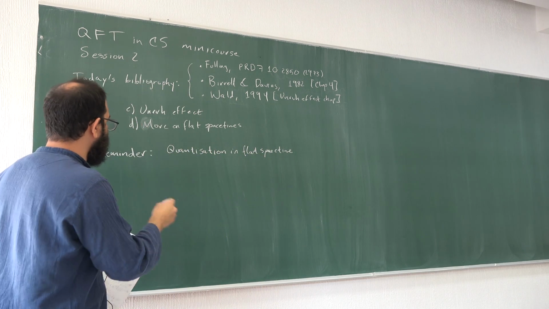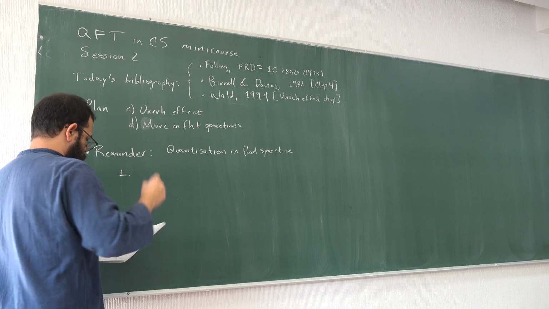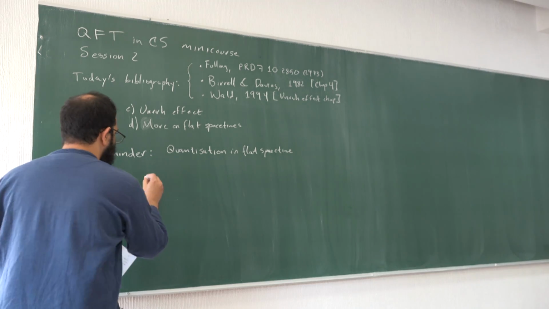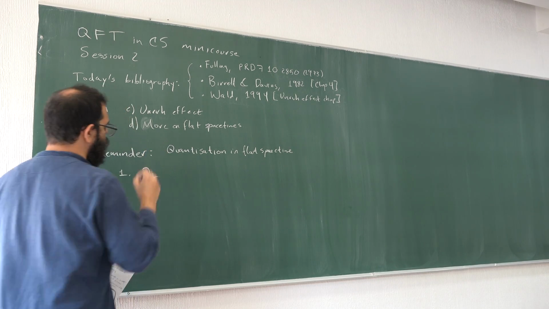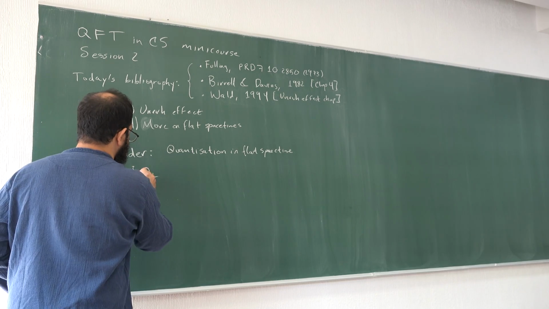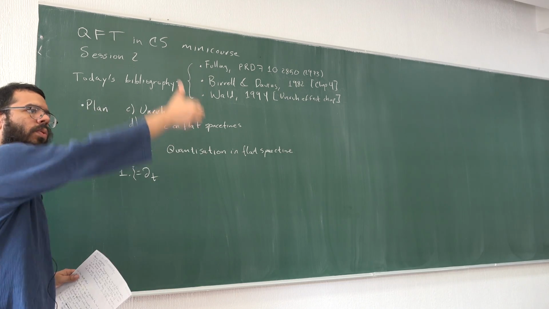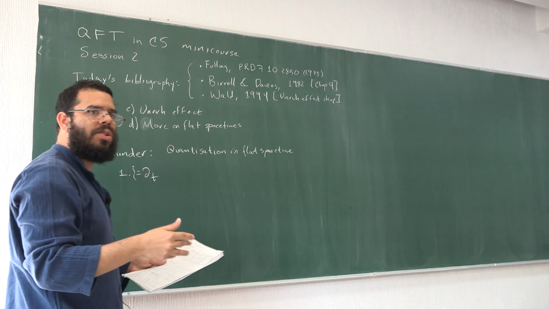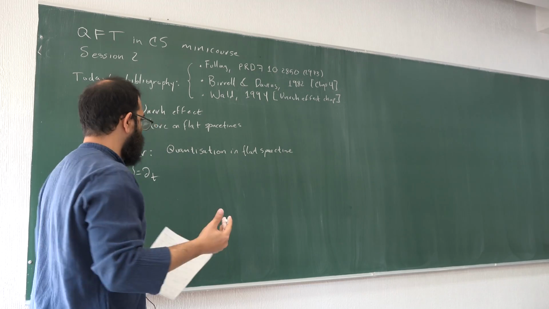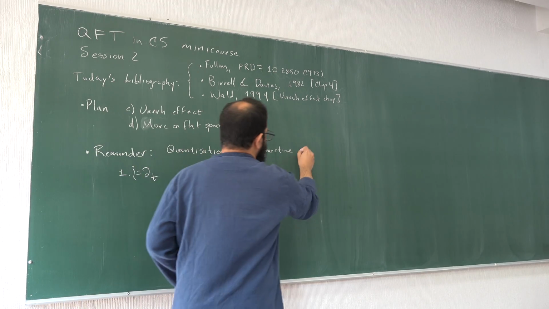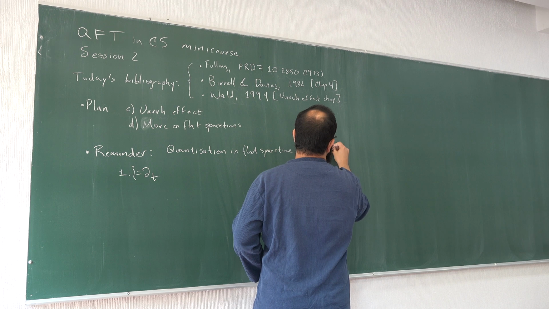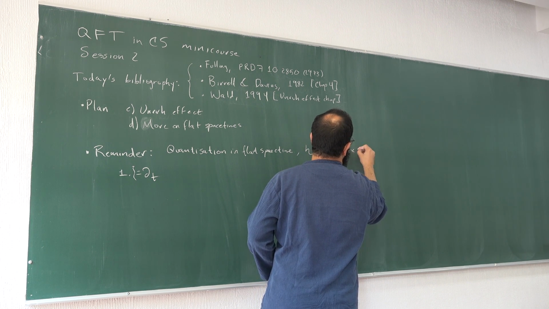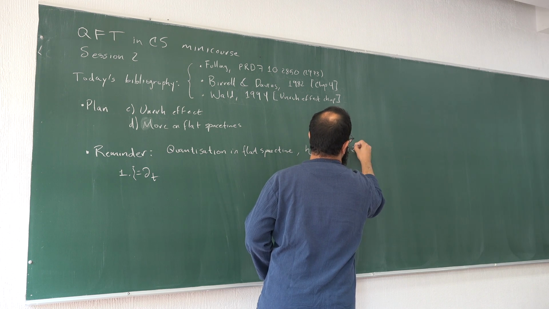So quantization in flat space-time is what we did last time, essentially. Well, we did some geometry, but I think that is more or less clear. We go to Minkowski space, and we have a time translation symmetry generated by a Killing vector, partial t, which gives you translations in the usual time direction when we describe the metric using these Cartesian-like coordinates, t, x.